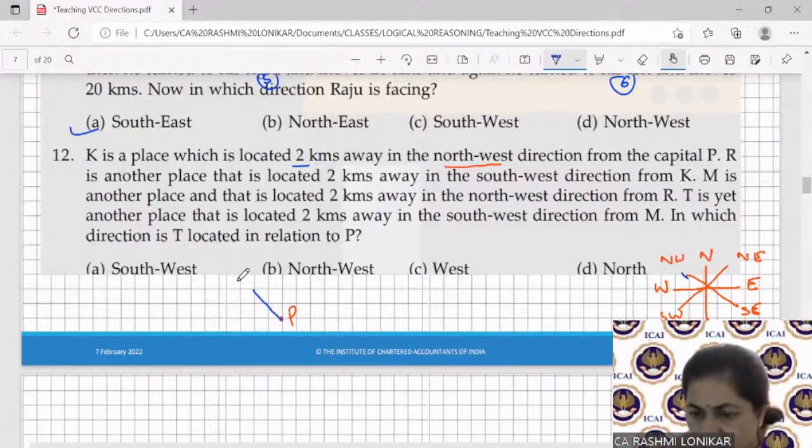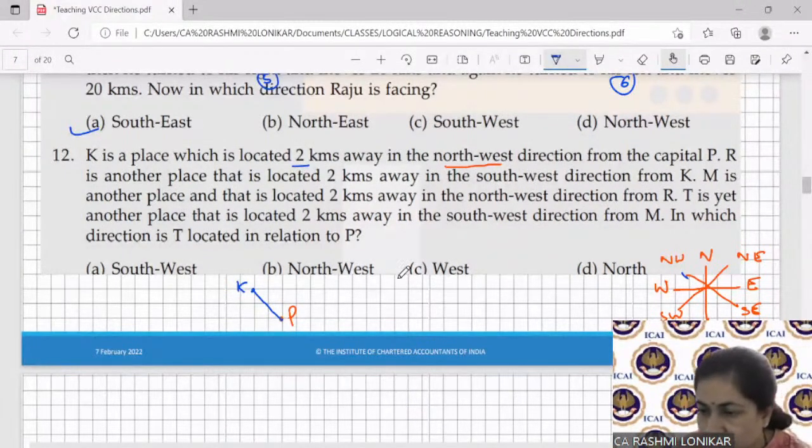So K is situated over here. R is another place that is located 2 kilometers away in the southwest direction from K.